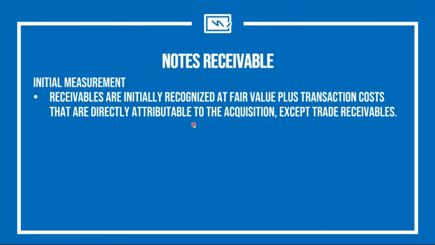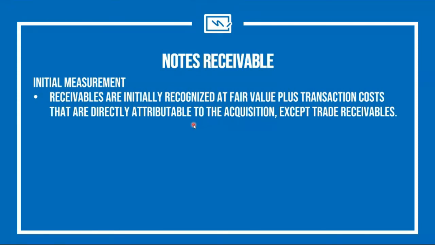So, again, to reiterate, kapag trade receivable, transaction price, you follow the provision of PFRS 15. Pero kapag non-trade yan, yung normal, kasi parang magiging part na yan ng normal na financial instrument natin or financial assets natin. In that case, ang measurement ng financial asset kasi is fair value plus transaction cost.